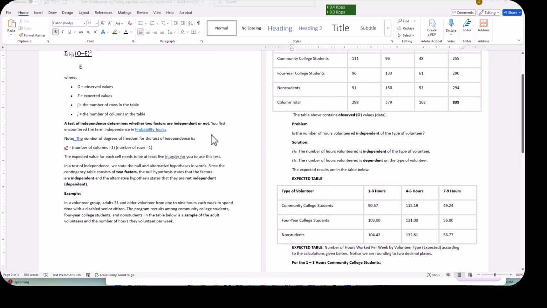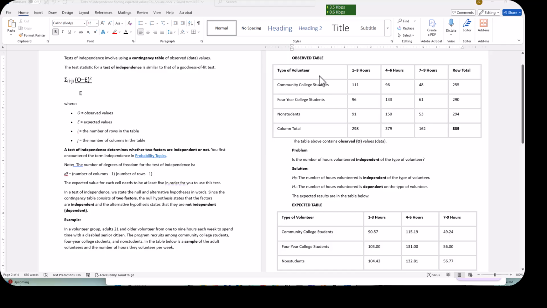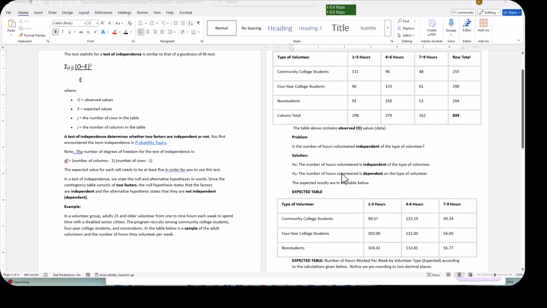Okay. So, again, we're asking, is the number of hours volunteered independent of the type of volunteer? Our null is going to be the number of hours volunteered is independent of the type. We're going to say, it doesn't matter what type you are. And then the alternative is that the number of hours volunteered is dependent.